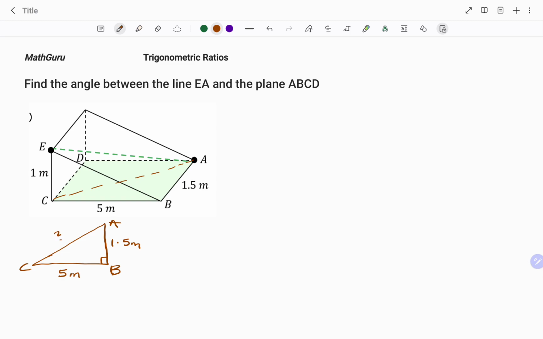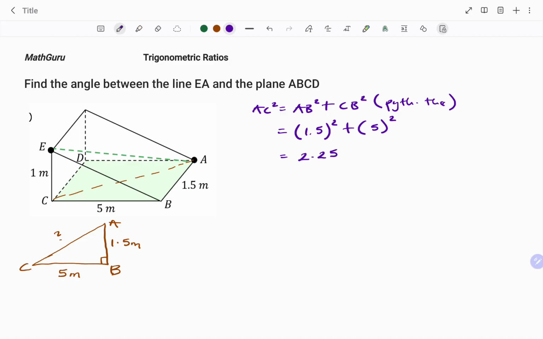Using Pythagoras Theorem, I have AC squared equals AB squared plus CB squared. Therefore, AC squared, which is the missing value, equals AB squared, that's 1.5 meters squared, plus CB squared, that's 5 squared. And that's going to give us 2.25 plus 25.